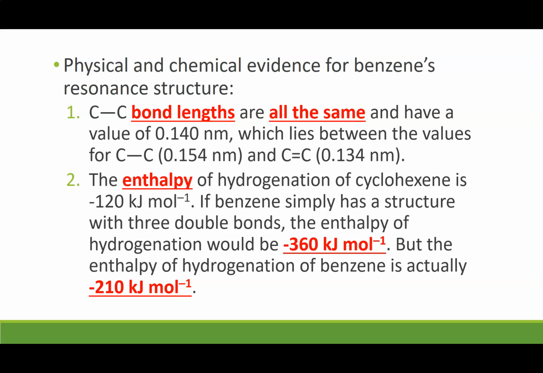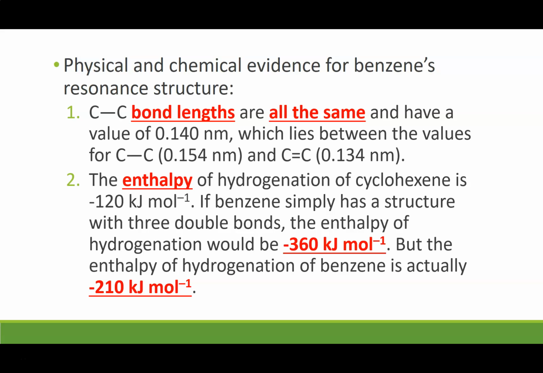Cyclohexene is a cyclic alkene which consists of a 6-sided ring that has a double bond connecting a pair of the carbons. When cyclohexene undergoes hydrogenation, the enthalpy change of the reaction is negative 120 kilojoules per mole.